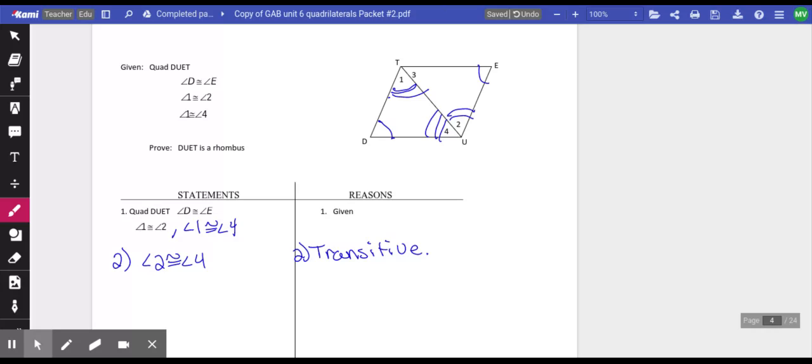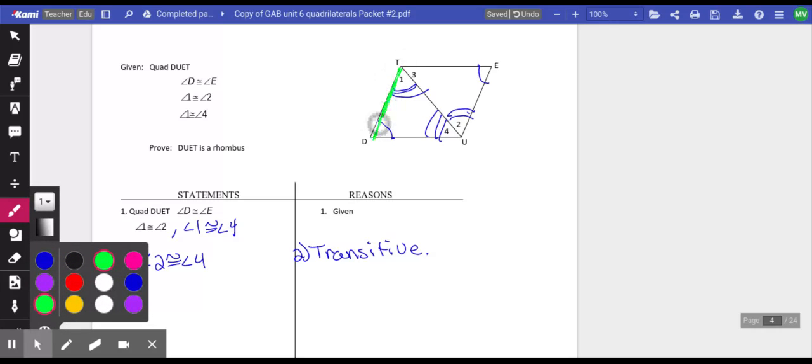Now, knowing that 1 is congruent to 2, I know triangle TDU is congruent to triangle TEU.